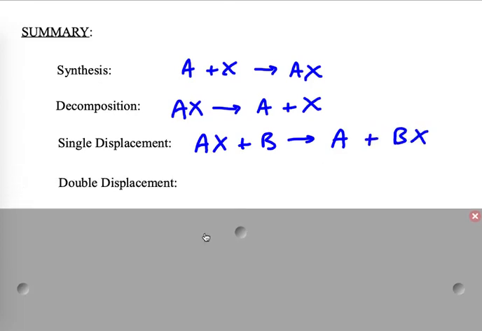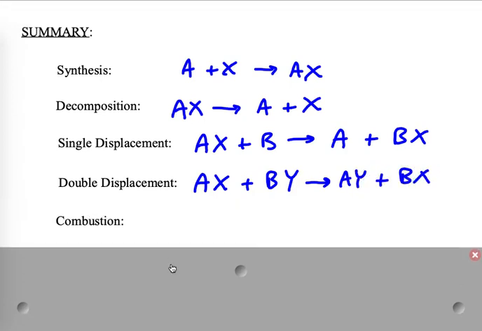In a double displacement reaction, AX reacts with BY, exchanging partners to form AY plus BX. And in a combustion reaction, some substance combines with O2 to form products that contain oxygen.